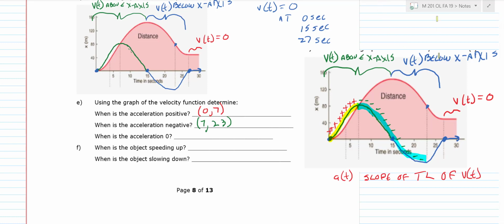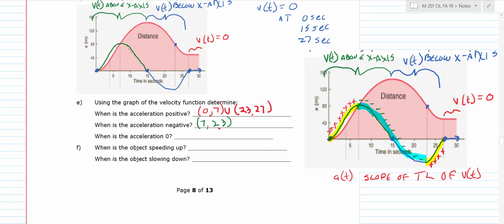Now what happens? We start having positive acceleration again. Okay, so it looks like from 23 to 27 seconds, hold on, that would be up here. So from 23 to 27, we also have positive acceleration. Okay, that's it. Now, when is the acceleration 0?